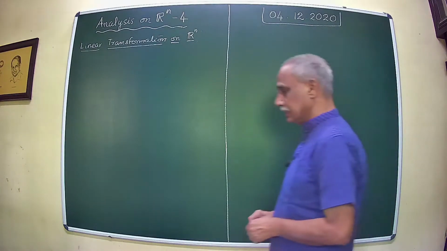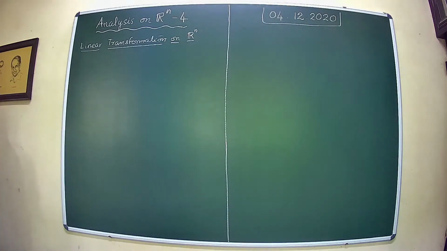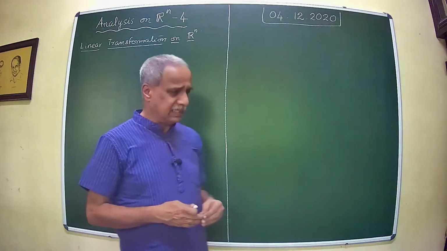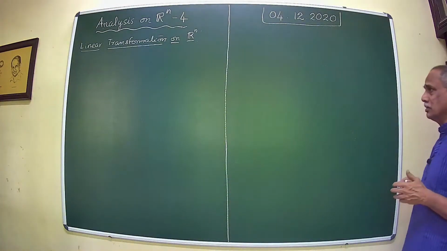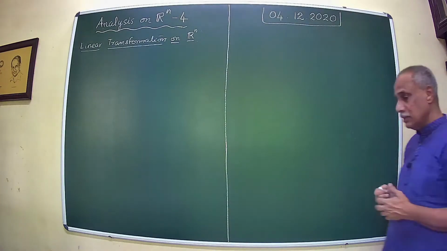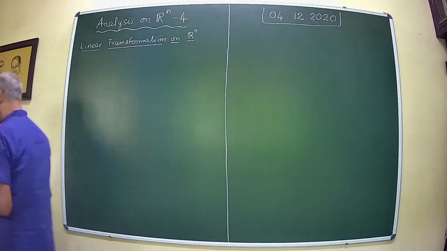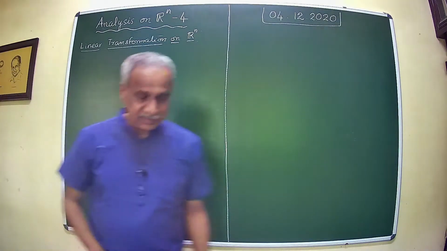We will be interested to work on more general maps than linear, but the linear transformations or linear operators do play a very important role in the study of nonlinear transformations.